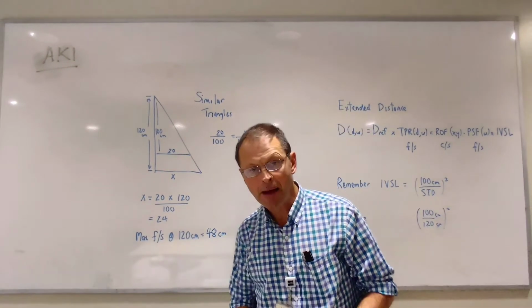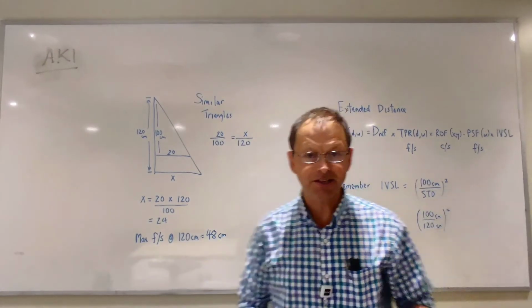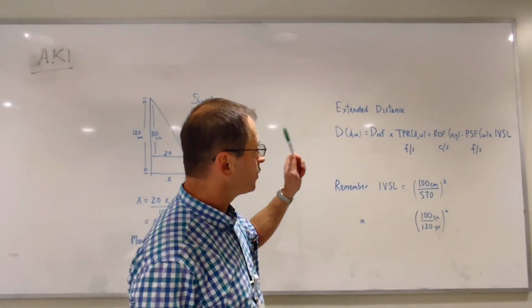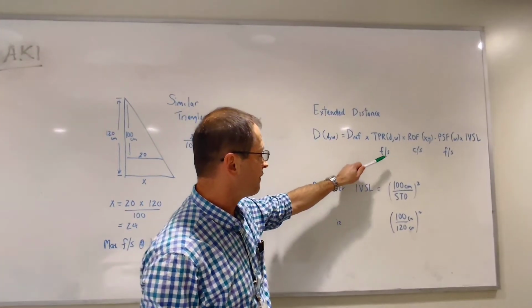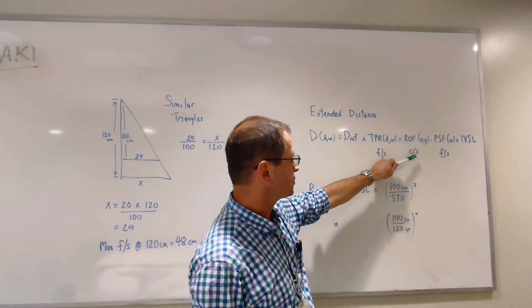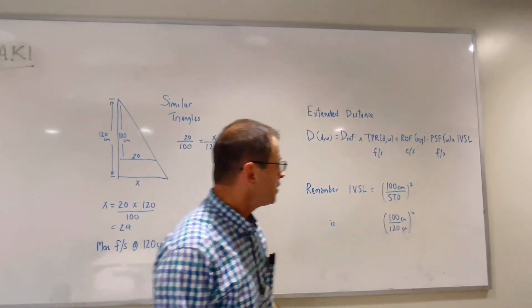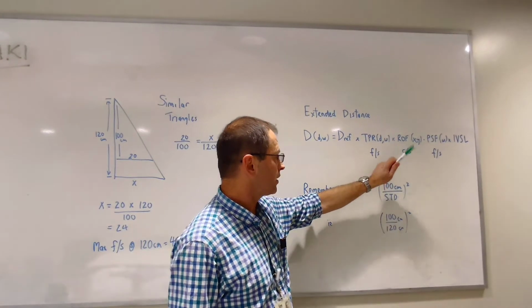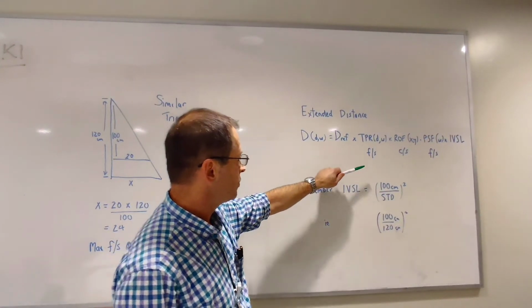So why does that matter? It matters because in the formula, we look up some values using a field size and some values using a collimator setting. Your ROF is a collimator setting value.